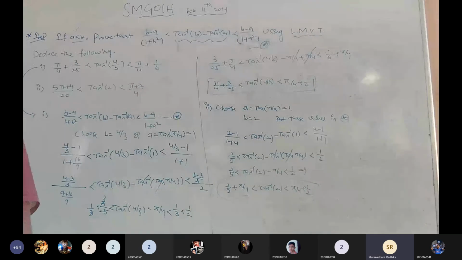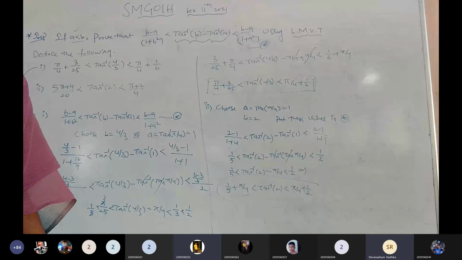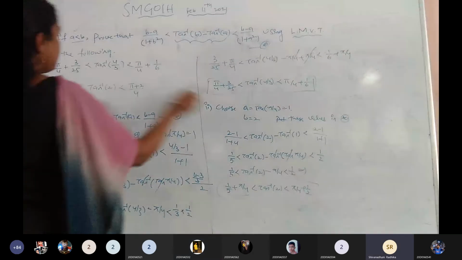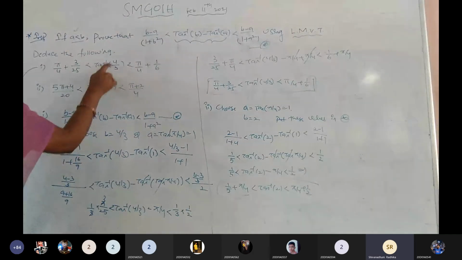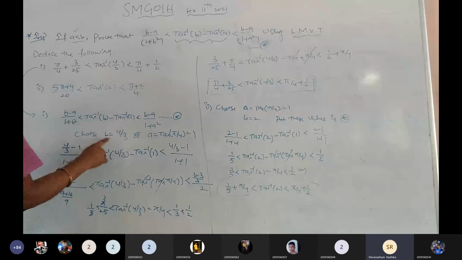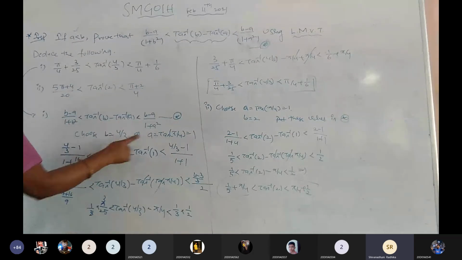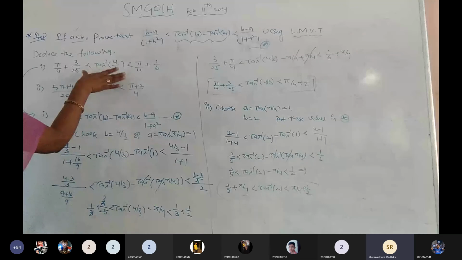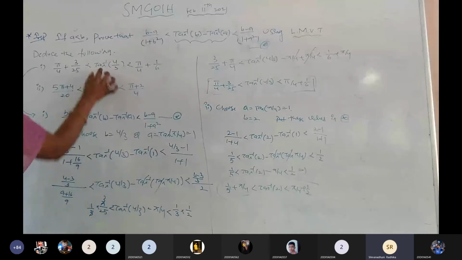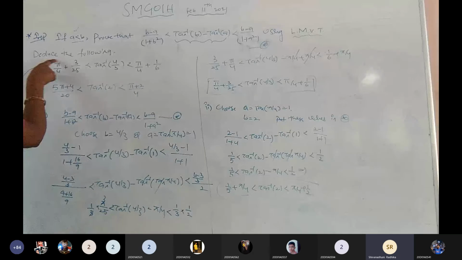Ma'am, how did you choose the A value? B equals the middle value, so this 4 by 3 is the B value here. B equals 4 by 3. And I am going to choose the A value. The function in the given deduction is tan, so I am going to apply the tan function to this angle.